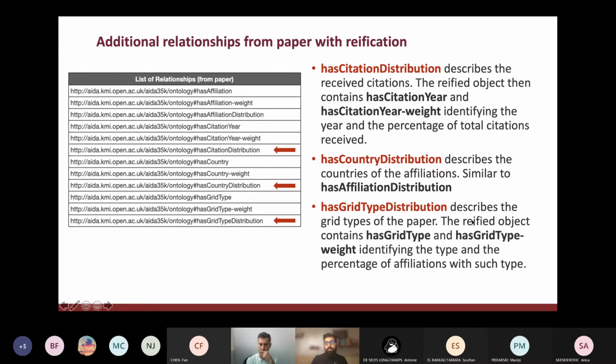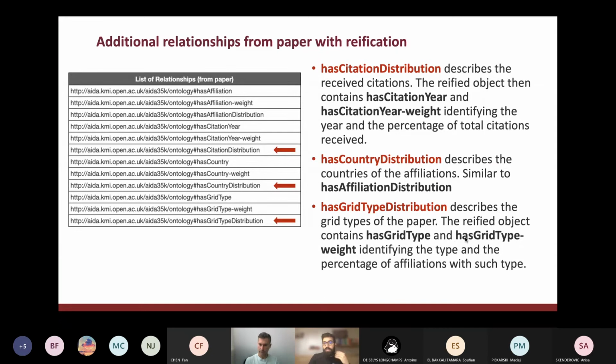And the grid type is the same. It has a grid type that can be education, industry, government, healthcare, non-profit, and so on, and you have a weight. So, for example, in that exercise that I showed you before, both Université Libre de Bruxelles and the Open University are academic institutions.